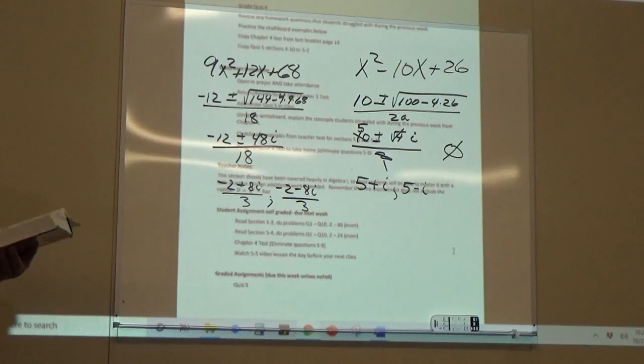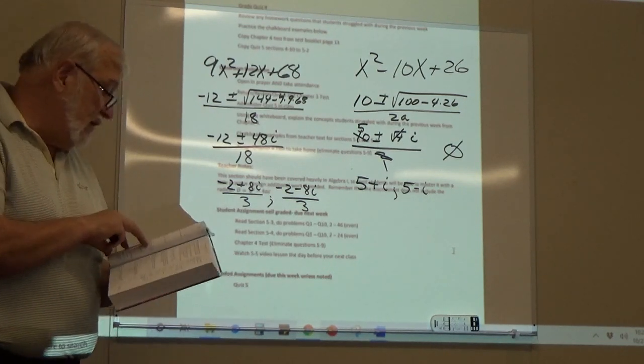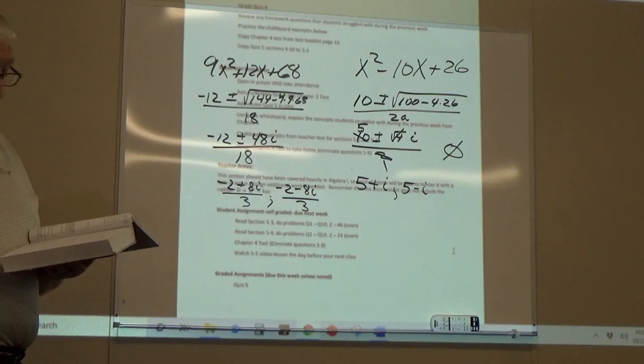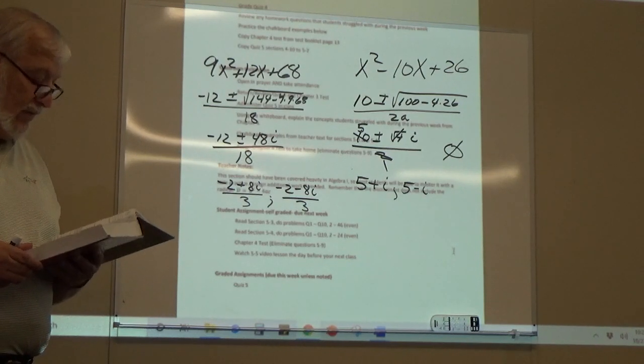You could have left it with the plus or minus, but I'm trying to show that there's two answers, one with a plus and one with a minus. Now, when you do these with the quadratic formula, they're all going to be a relatively good amount until you get to problem 12.